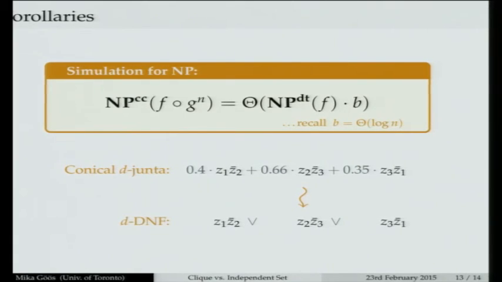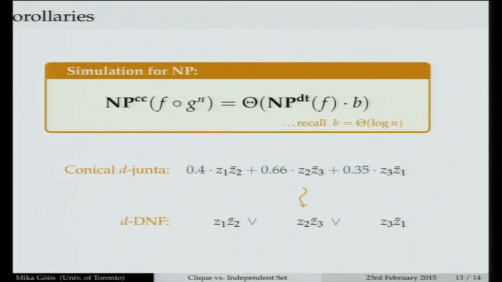And it's sort of overkill for this, because what the junta theorem says is that if you view this non-deterministic protocol as a randomized protocol, that means that on no inputs, the non-deterministic protocol accepts with probability 0. But on yes inputs, it accepts with positive probability, maybe very small, but positive nonetheless. So if you can write this acceptance probability as a conical junta, then it looks something like this.